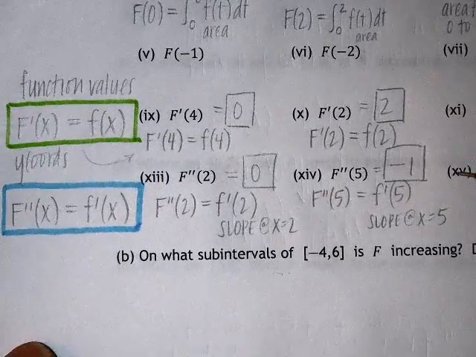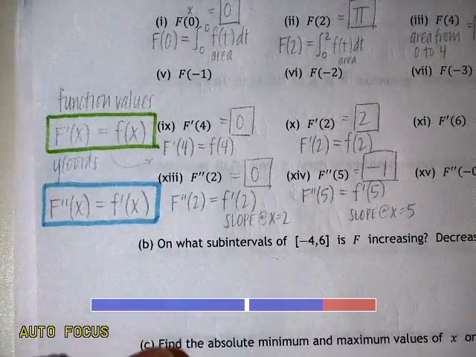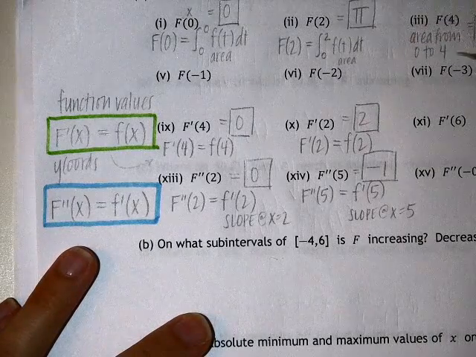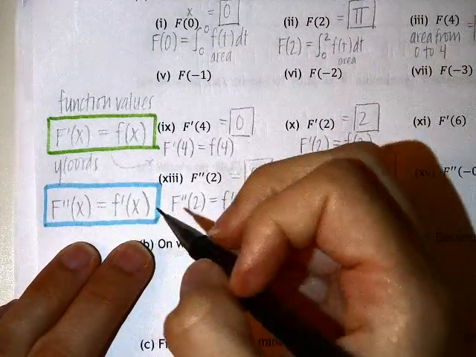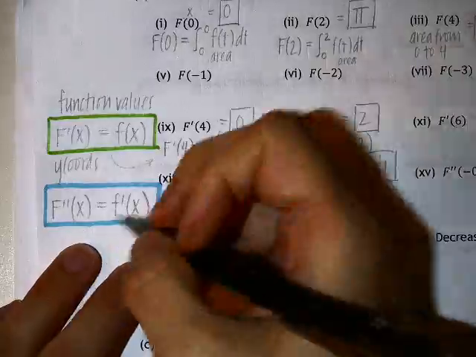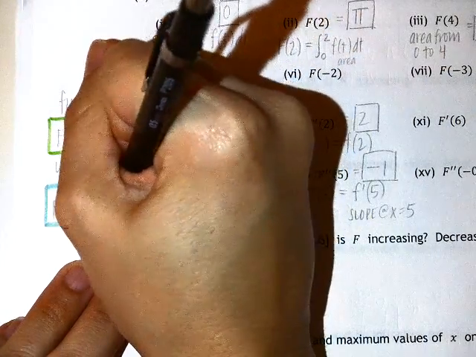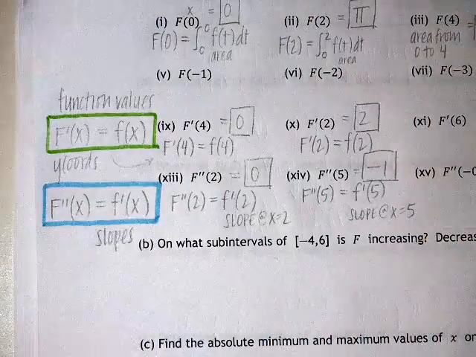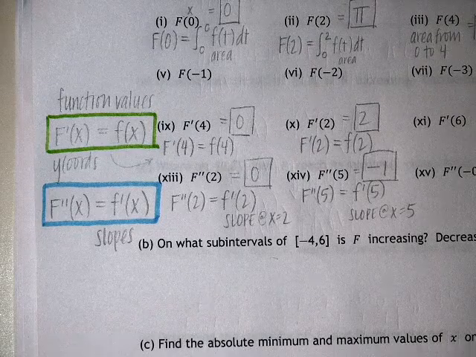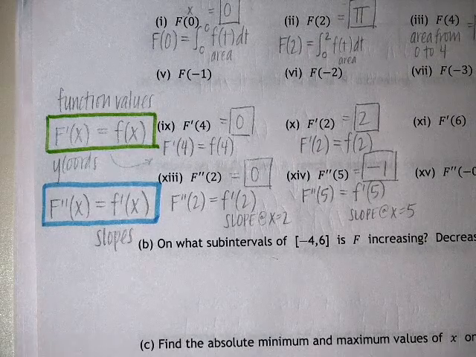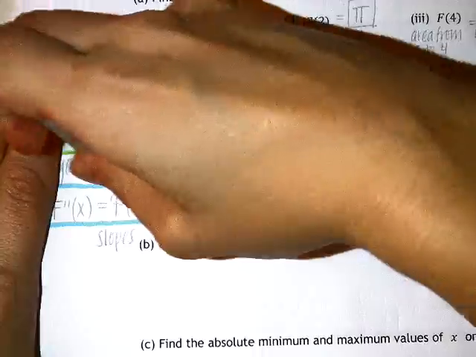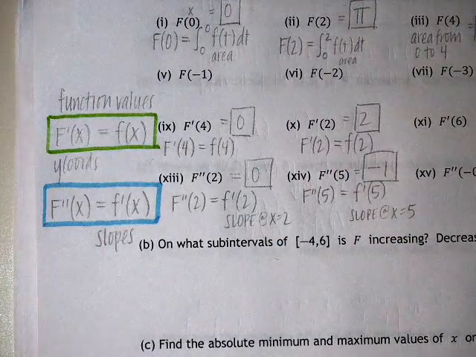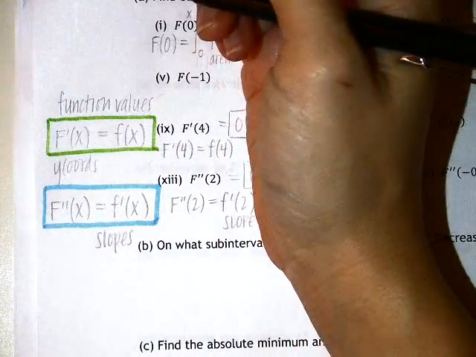Now let's just make sure before I finish this video that we make these crucial connections here. If you're talking about little f, you're talking about the graph, little f prime is really just slopes. So now that hopefully you can see these connections starting to form, you can start to get a little bit more nuanced at recognizing what each question wants of you.